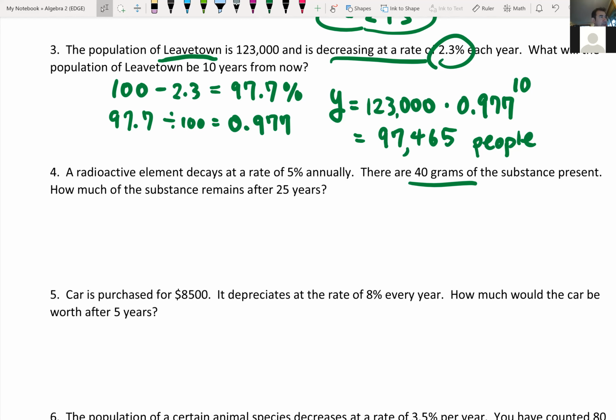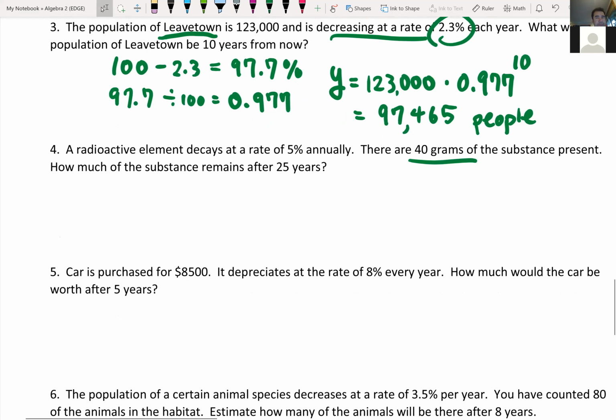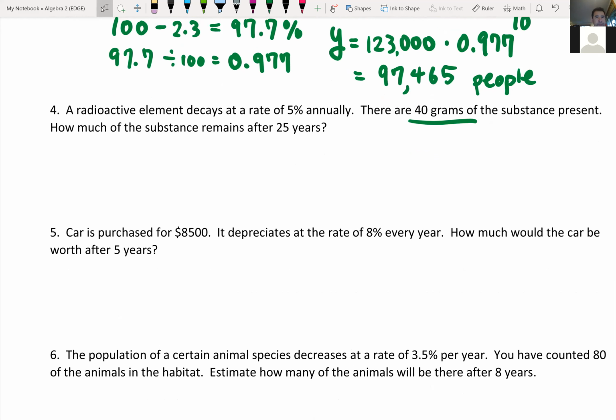What do you get? 11 grams. That's not too bad. Some of the radioactive materials don't go away very easily, do they? But this one is 5%.